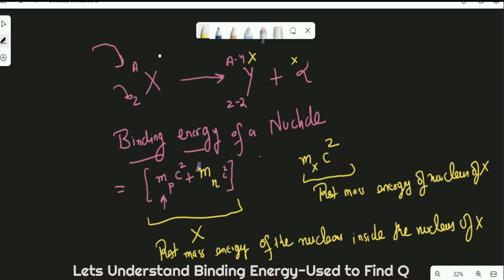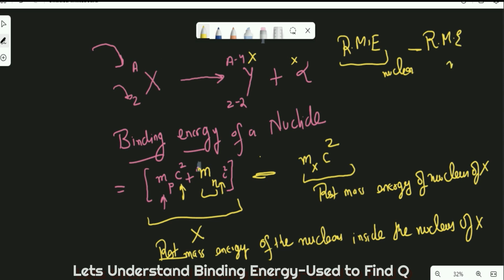You've calculated the individual masses of the protons and neutrons, multiplied it with c square, and obtained the rest mass energy of the nucleons. Then what you did was you went to the nucleus, calculated the rest mass energy of the nucleus, and subtracted these two energies. So subtract the rest mass energy of all the nucleons and then the rest mass energy of the nucleus.